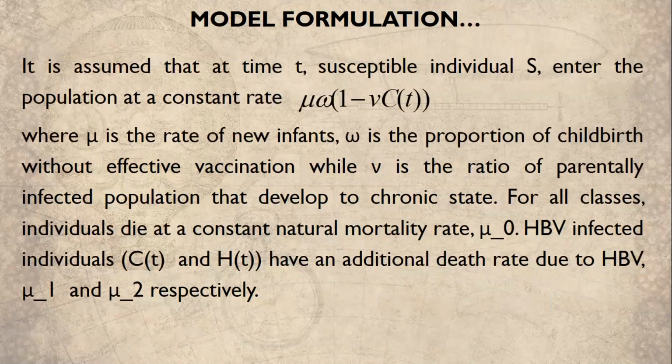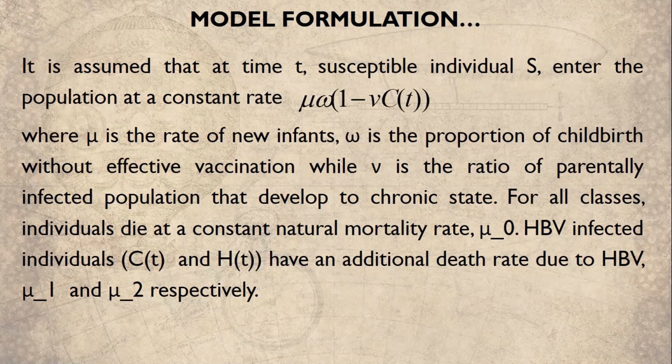It is assumed for this model that at time t, susceptible individuals enter the population at a constant rate of mu omega into 1 minus epsilon C, where mu is the rate of birth, omega is the proportion born without effective vaccination, while epsilon is the ratio of the infected population that develop into the chronic stage.